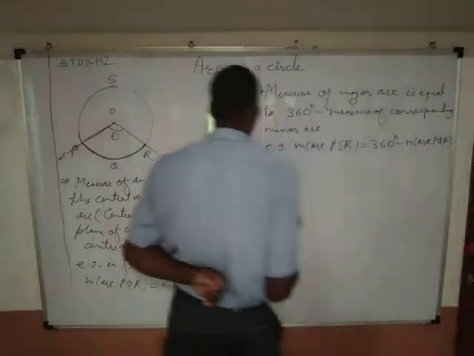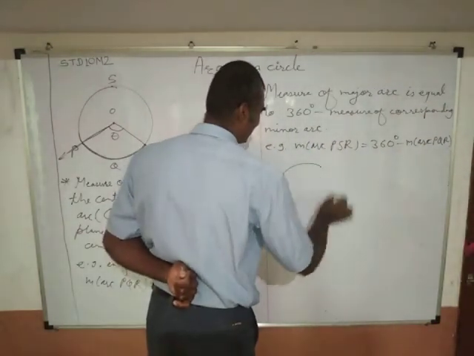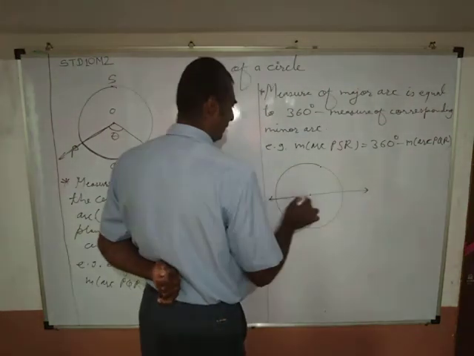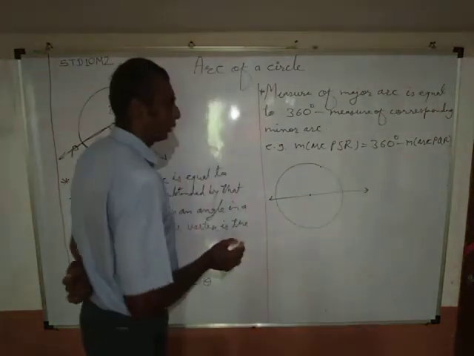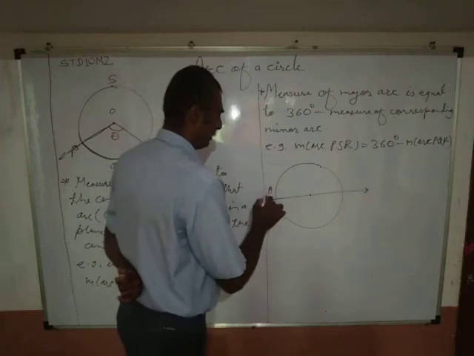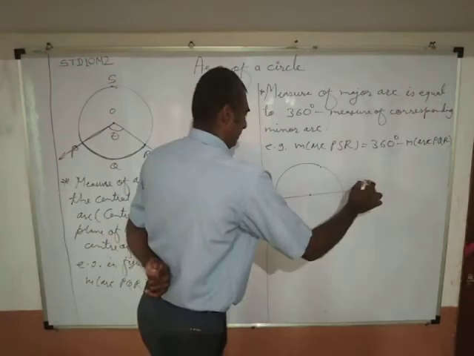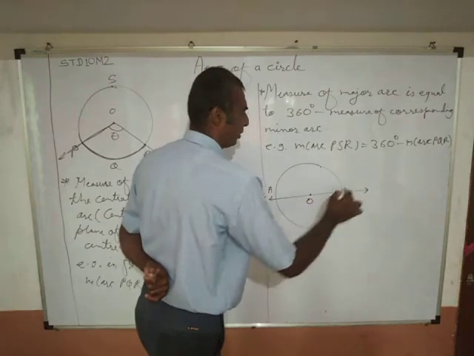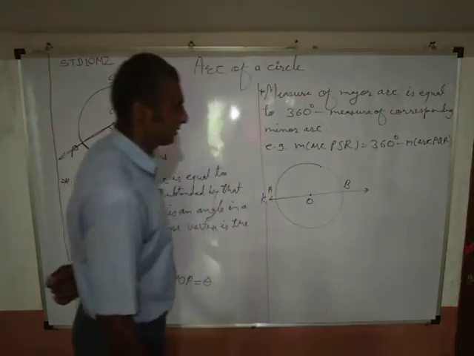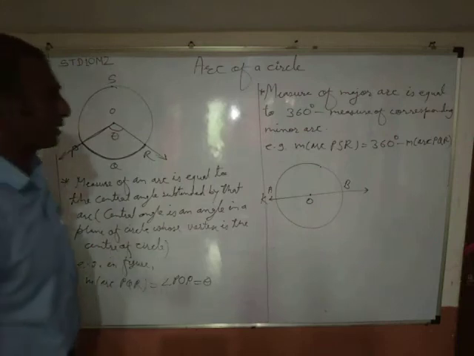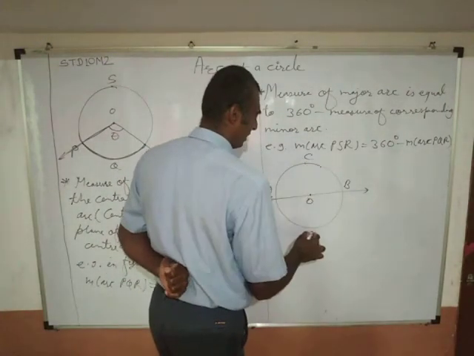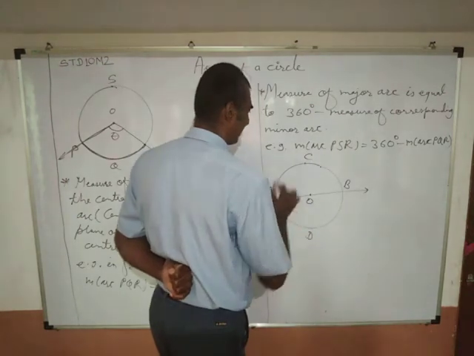Okay. Now, if we consider a case of semicircle, then it divides a circle in two equal parts. Secant K passes through center O, intersects a circle in points A and B respectively. That's why each part is called a semicircle.